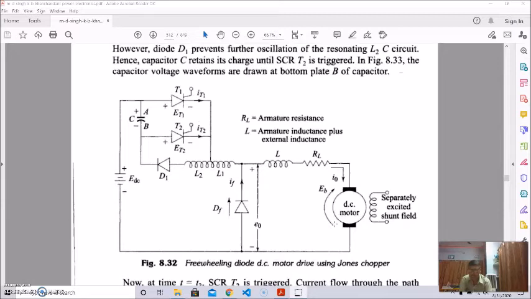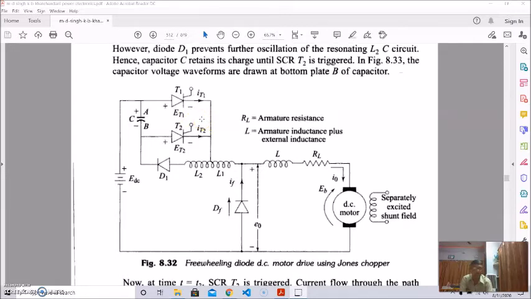If thyristor T1 is off, the motor will not rotate. If thyristor T1 is alternately on and off in a cyclic manner, the motor will rotate at some speed between maximum and 0.